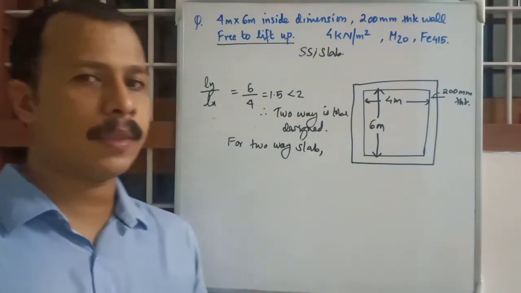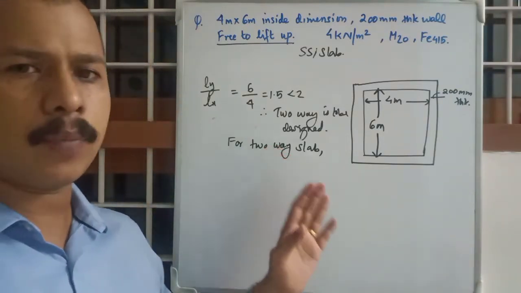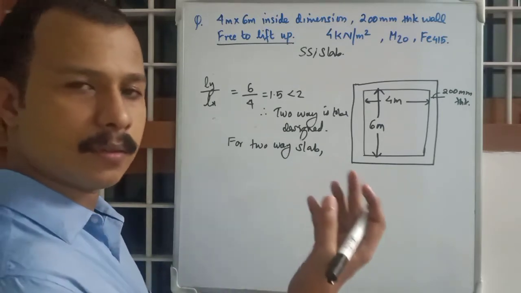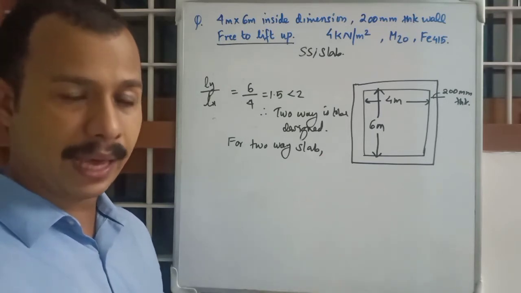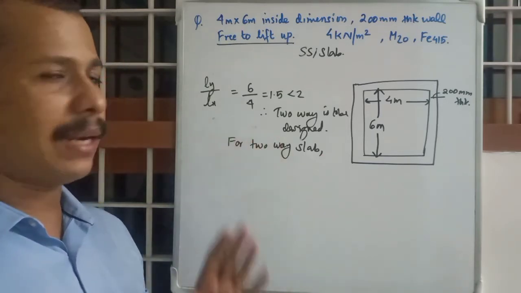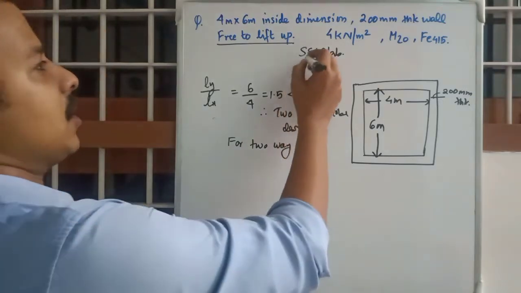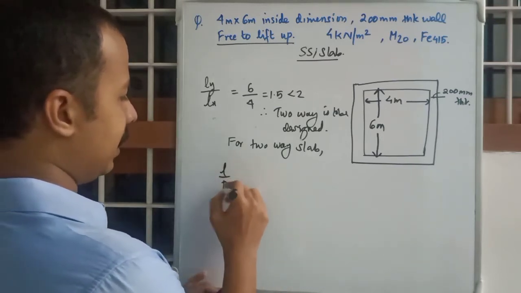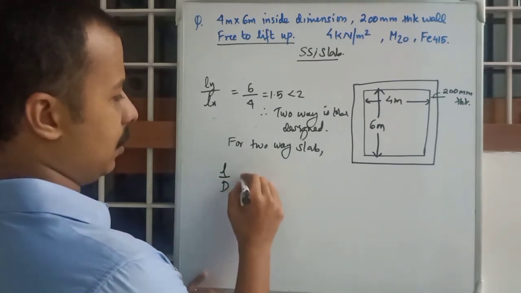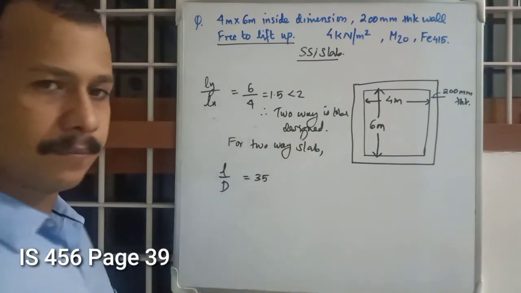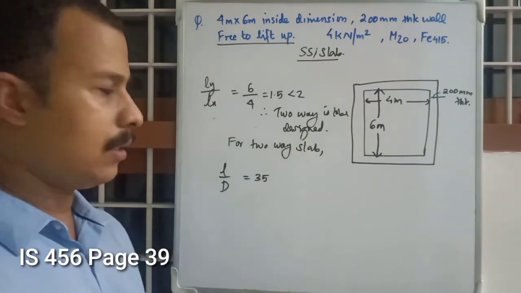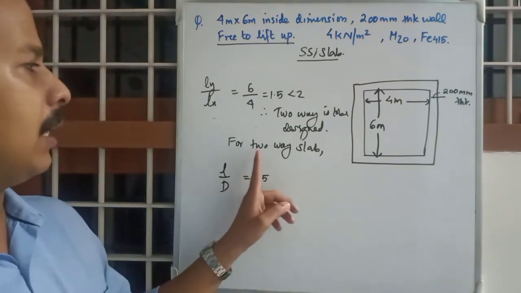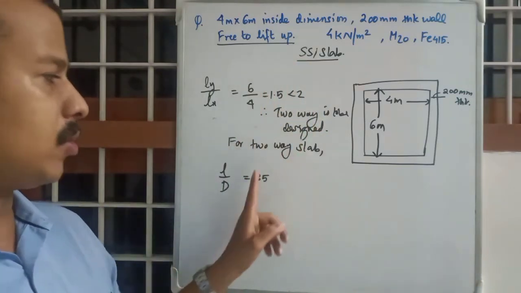As per the IS code, we usually take L by D ratios for beams as 20, 26, 7 for cantilevers, etc. Similarly for two-way slabs, as it is a simply supported slab, as per IS 456 the L by D ratio is 35.